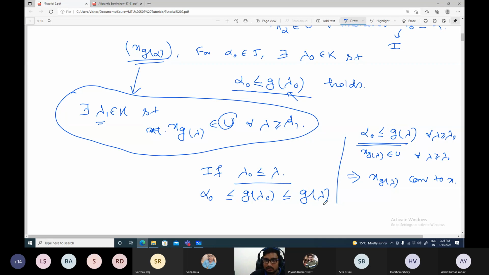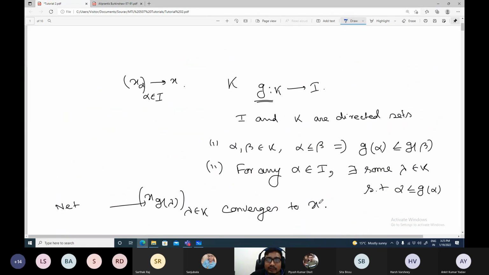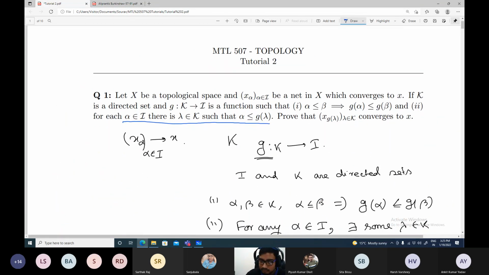Yes, sir. Actually, I think sir did not define the subnet, right? And he said it is not necessary. Yes, sir. Actually this problem follows from subnets, and this is how we define a subnet of a given net. Okay, so this is only a remark.